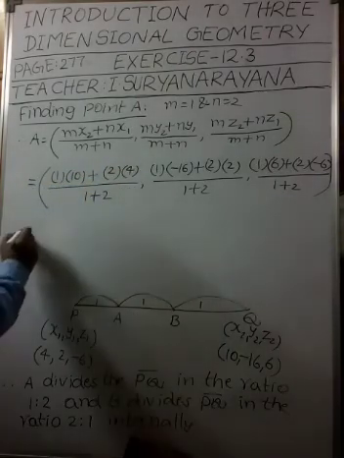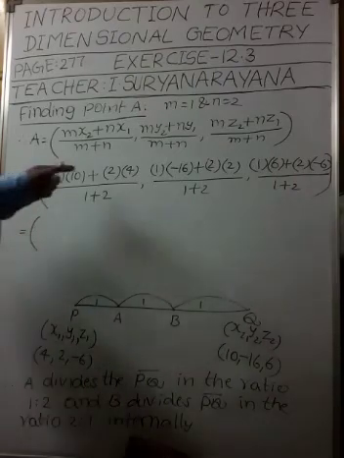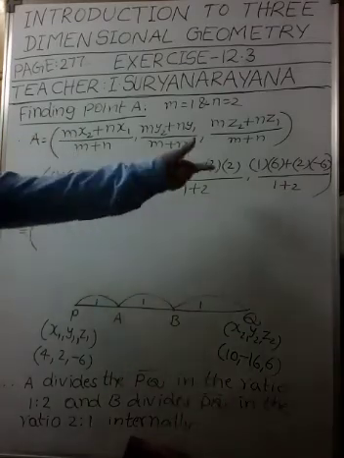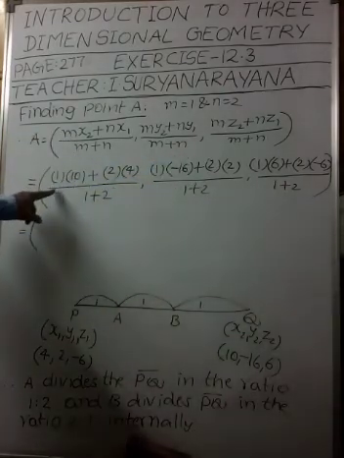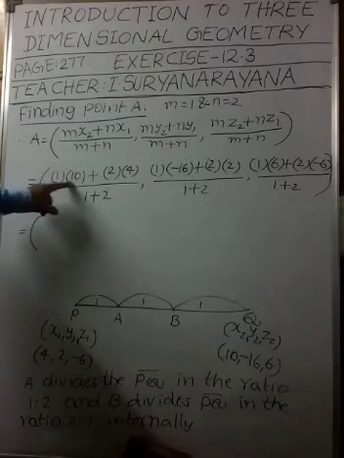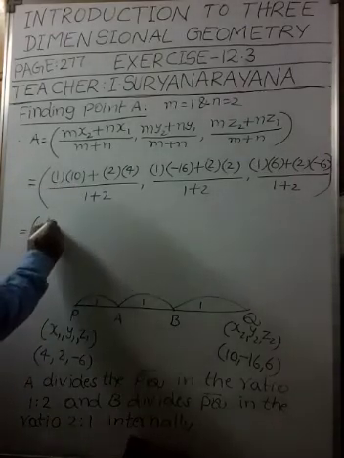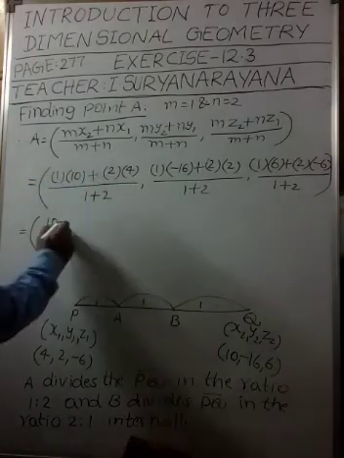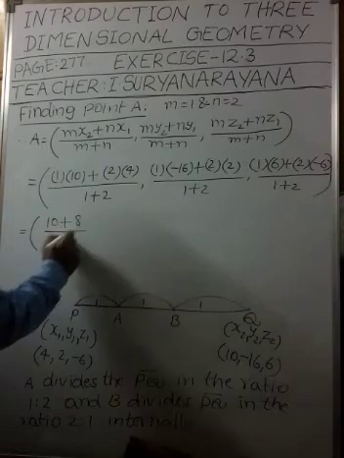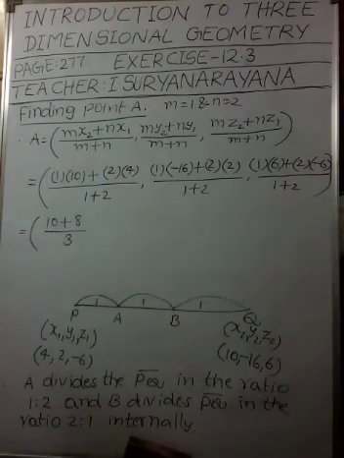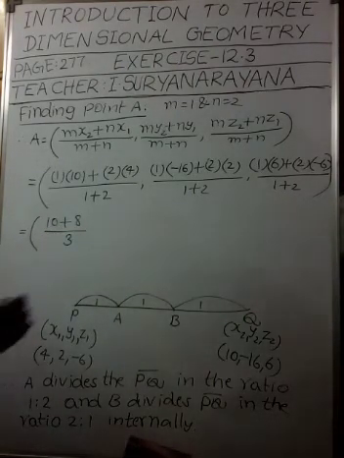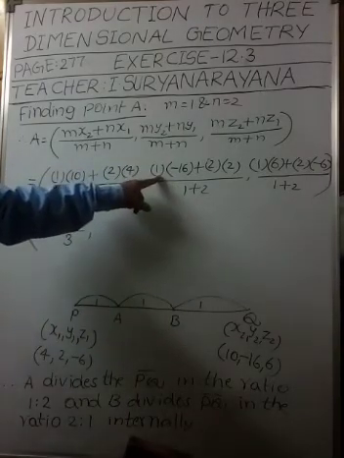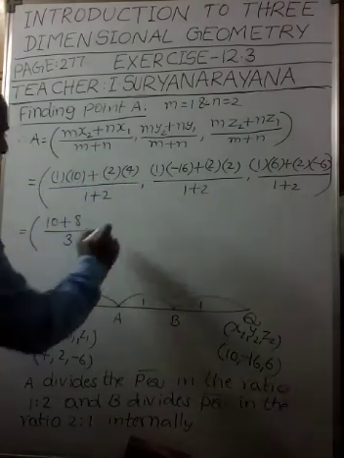Right. Now let us simplify each and every coordinate, x coordinate, y coordinate and z coordinate. In the numerator, what are the terms here? 1 into 10. What will you get? 10. Now come to the second term. Plus 2 into 4. What will you get? Plus 8. By, come to the denominator, 1 plus 2. What will you get here? 3. 1 plus 2 is 3. Now come to the y coordinate. What is the first term in the numerator? 1 into minus 16. What will you get here?